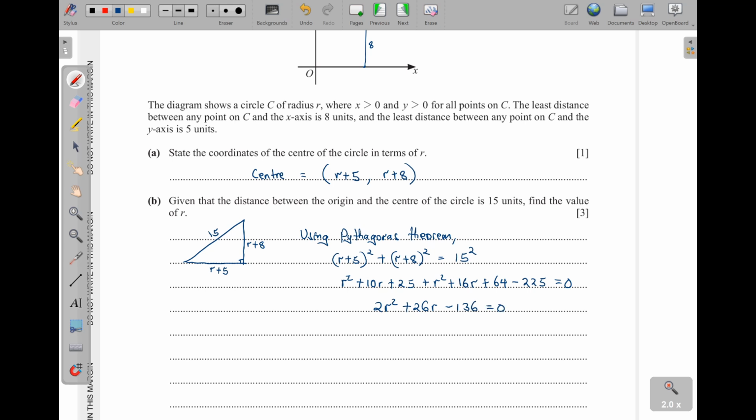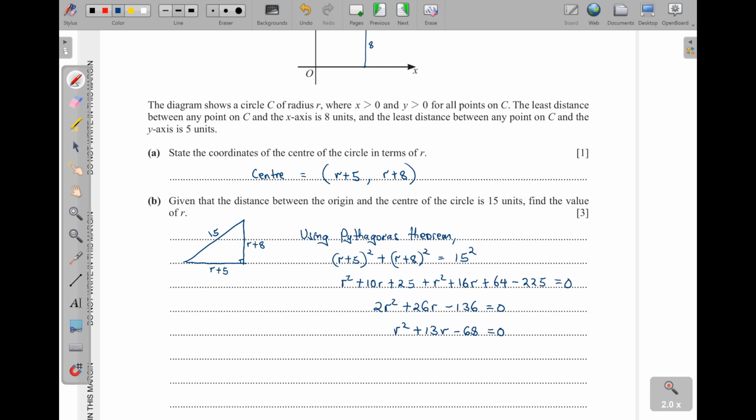You can divide all through by 2. Here we shall get r squared plus 13r minus 68 equals 0. That is the quadratic equation.